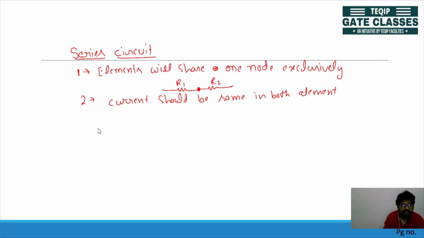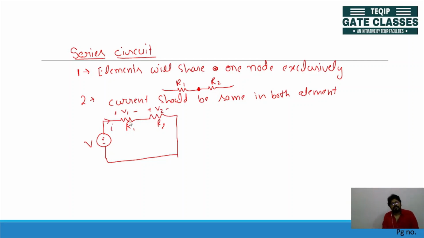Okay, so let's talk about a basic series circuit. We have a voltage V here and we have two resistances in series, that is R1 and R2, and the voltages across these resistances are V1 and V2, and we have a current I flowing in this. So applying KVL, what will we write? Minus V plus V1 plus V2 equal to 0.